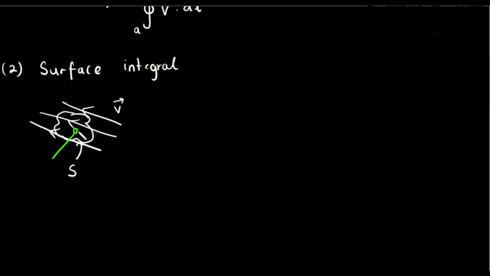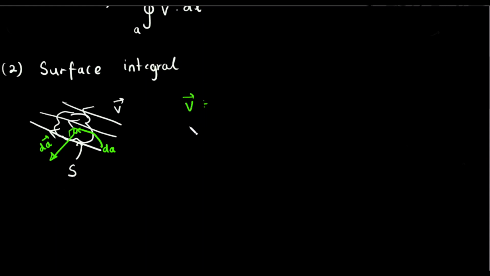So this is my small patch, let's say dA. You can draw a vector which is perpendicular to this infinitesimal surface area patch. That is going to be the dA vector. This is always perpendicular to this patch, and the patch is drawn on the surface.